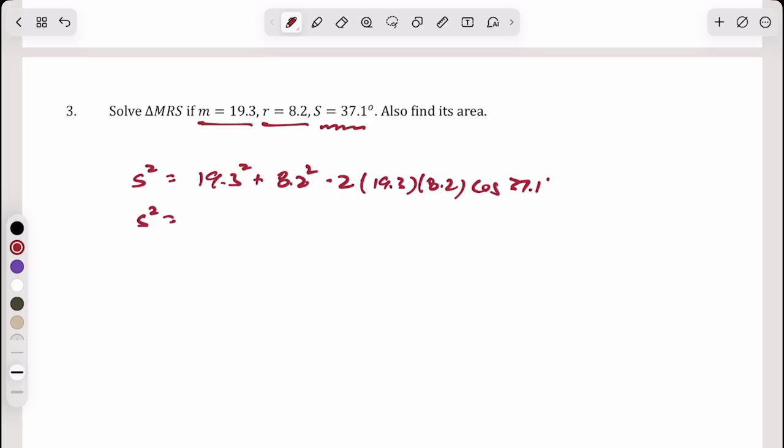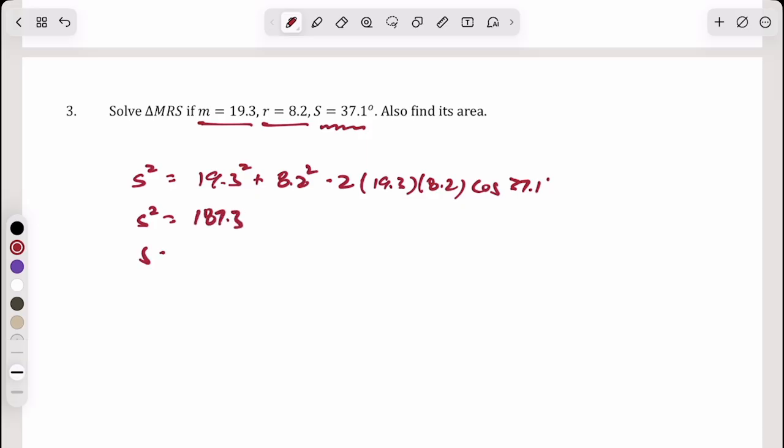And I'm going to get here 19.3 squared plus 8.2 squared minus 2 times 19.3 times 8.2 times cosine 37.1, and they're telling me that's about 187.3.